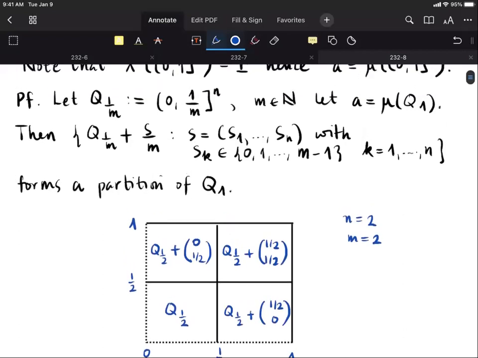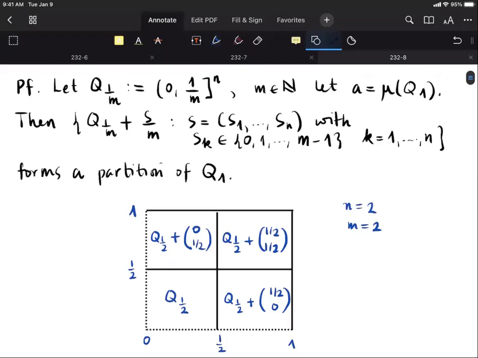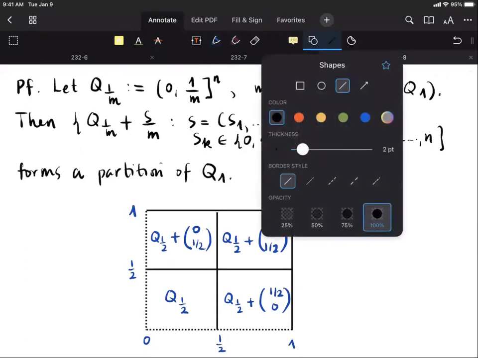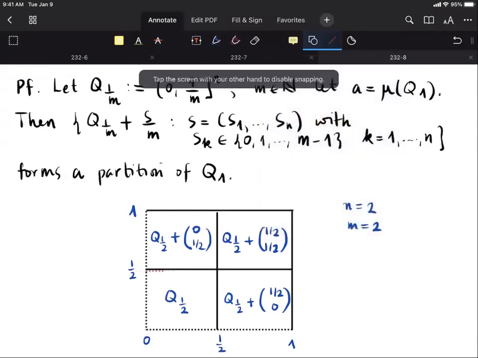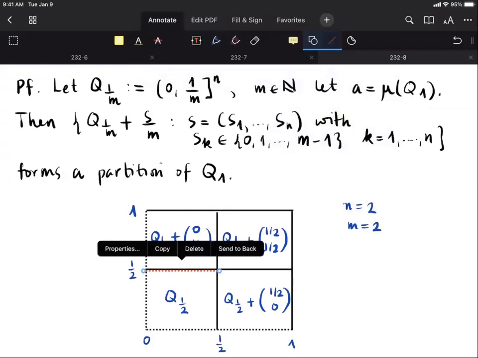So it is a partition, since, take note that this side will not be included in the upper set, but will be included in the lower set Q1. Okay, and similarly, this part will not be included in the upper portion.